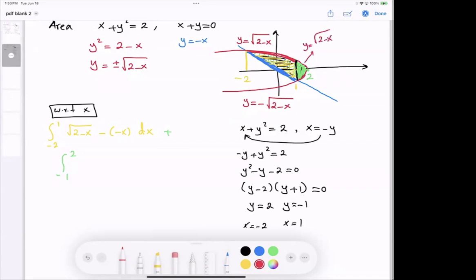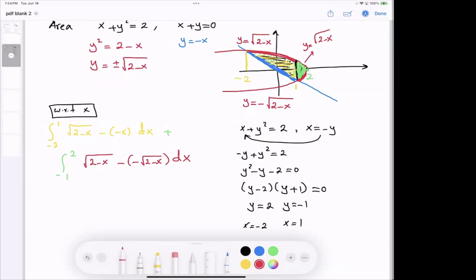And down here, you have a negative sign in front of the square root. So you have square root of 2 minus x minus negative square root of 2 minus x, dx. But instead of calculating the integral with respect to x, we prefer to calculate the integral with respect to y because it is much easier.